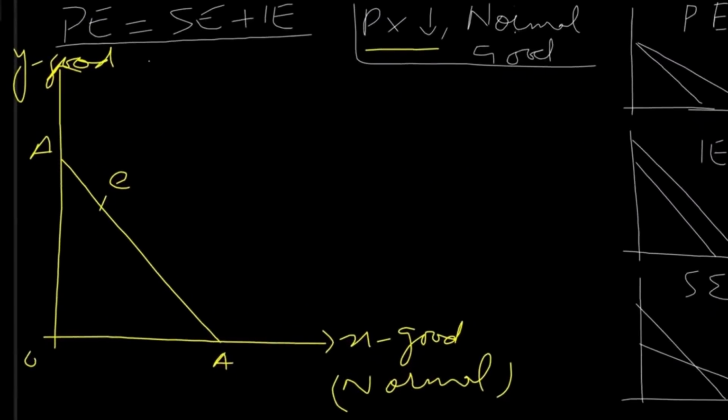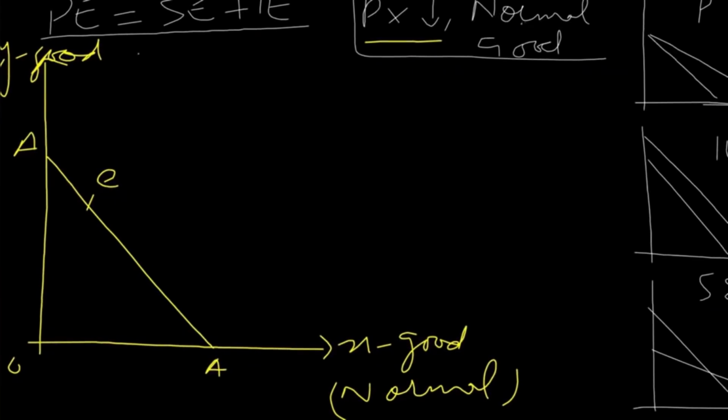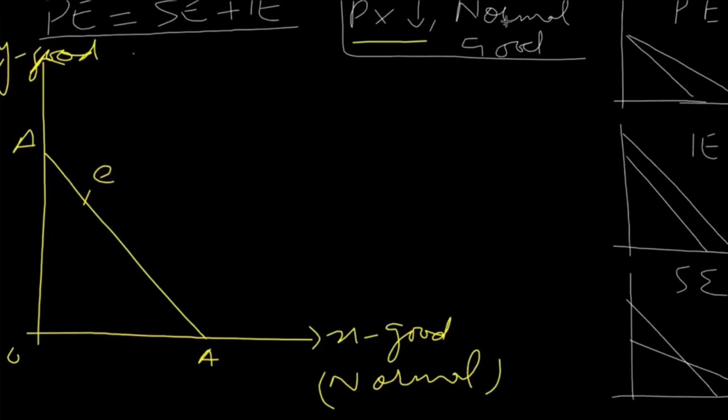Okay, now we are going to prove that in case of normal good, price effect is equal to substitution effect plus income effect, and we will also prove that the same condition, price effect is equal to substitution effect plus income effect, holds in case of inferior goods as well as in case of Giffen goods.